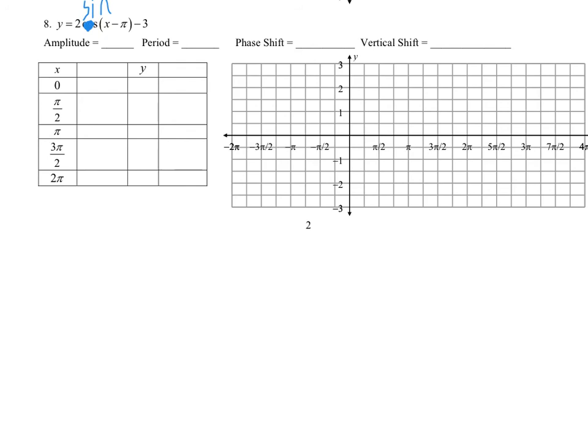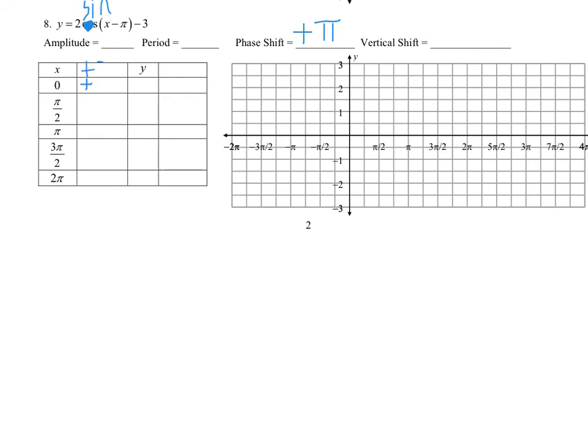All right, so first of all, we have a phase shift again. No change to the period, but we do have a phase shift. This time, we have a phase shift of plus pi. Remember, we have to change the sign. Plus pi. Okay, and so to all of our angles, we're going to add pi.